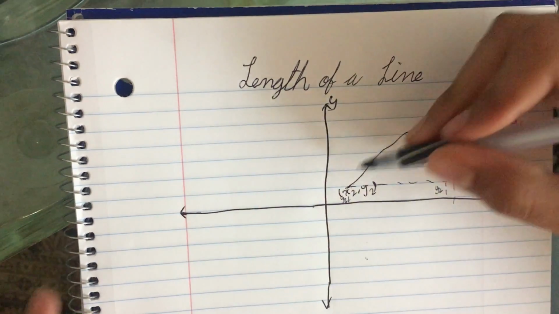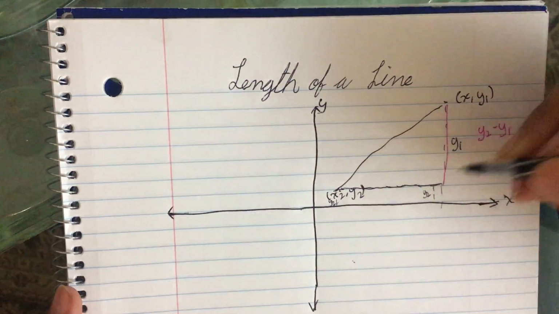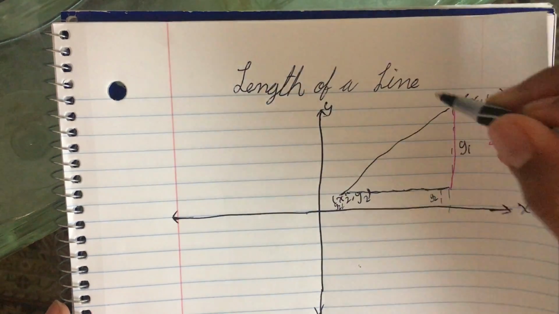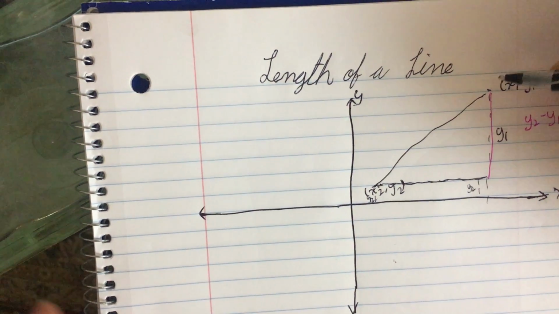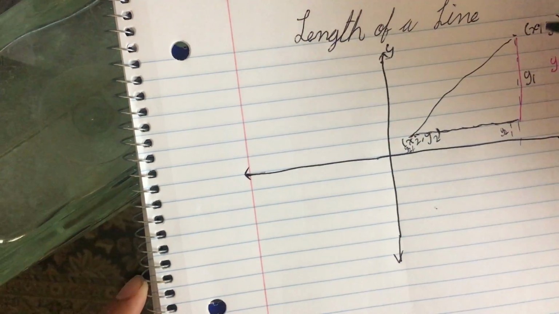Now, if we want to find this x distance that I drew earlier, we have to find out the distance from the point to the y-axis. So x1 is going to be from here to here.